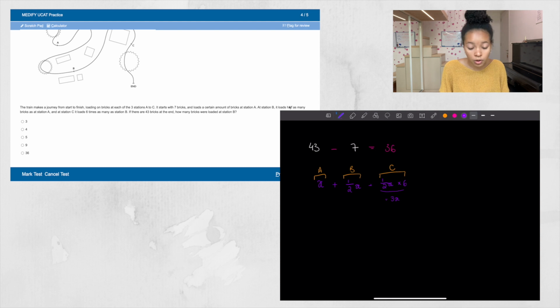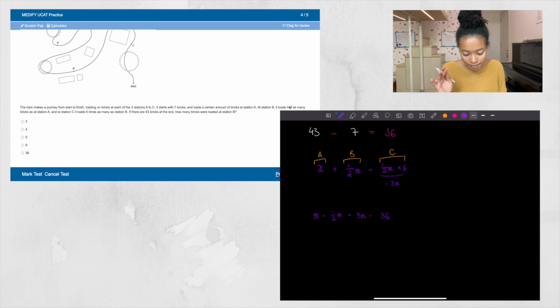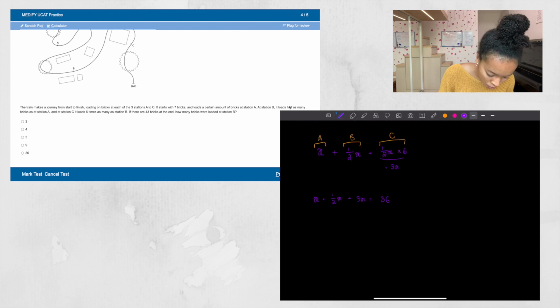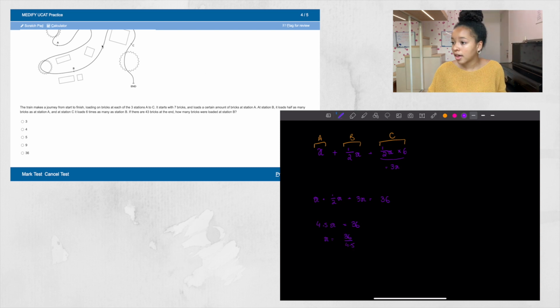So our final equation that we have is x plus half an x plus 3x equals 36. And so now we can just solve the equation and figure out what x is. So let's do this. So we have 4 and a half x's equals 36. So that means that x equals 36 divided by 4.5.